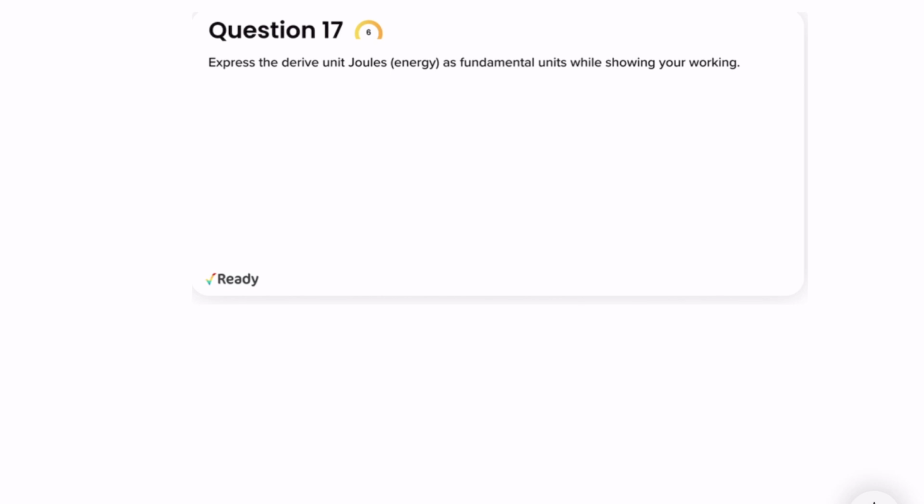Thankfully it's given here in the question that the quantity of joules is energy. So now we have to think about in what ways we can express energy. We know that work done, which is also energy, is equal to force multiplied by distance. Distance is already a fundamental quantity, so we can leave that alone. And force is equal to mass times acceleration.